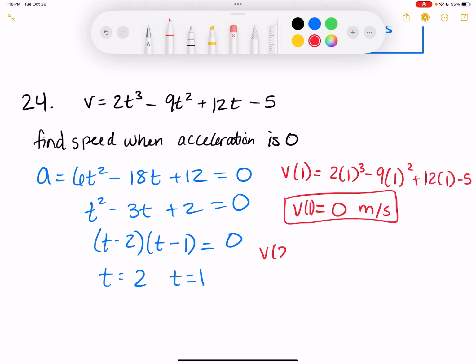Then v of 2: 2 times 2 cubed minus 9 times 2 squared plus 12 times 2 minus 5. Is that 16 minus 36? So negative 20 plus 24 is 4, minus 5 is negative 1.